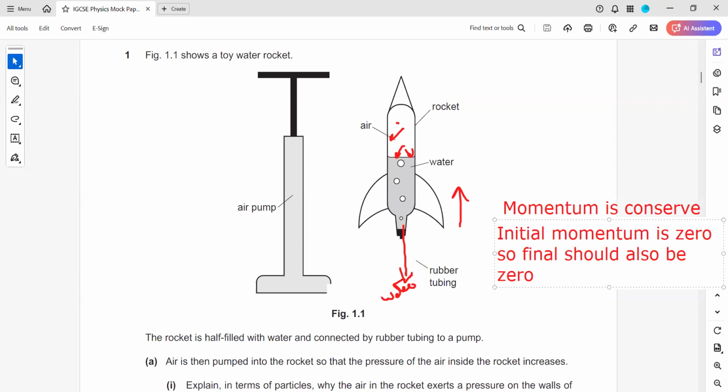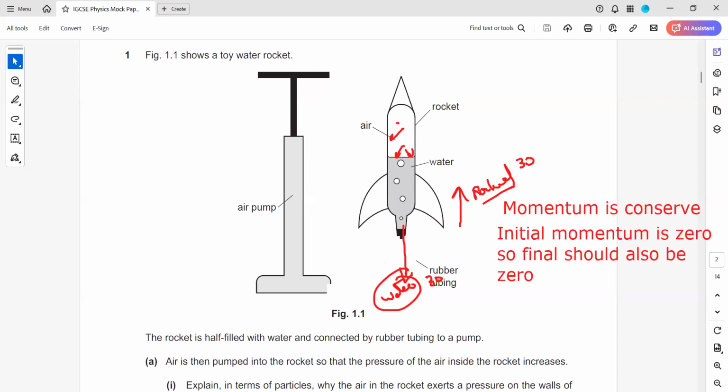So if the water is going downward, the rocket should move. The rocket should have equal momentum but in the opposite direction. Or the increase in momentum of the water will be equal to the increase in momentum of the rocket. Like if the water momentum increases by 30, the rocket momentum should also increase by 30, but it will be upward. So that's why the rocket will accelerate upward.